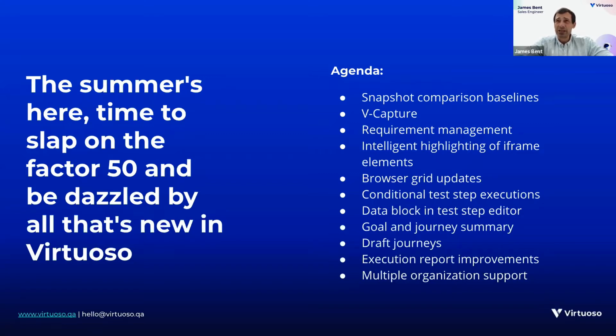As you can see in the agenda here, we're going to be looking at new snapshot comparisons, our updated VCapture recording authoring tool, how you can manage uploading your requirements to map against your journeys, intelligent highlighting of iframe elements and some new browser grid updates, conditional test step executions and data blocks in test step editors, new reports for goal and journey summaries, having draft journeys, execution report improvements, and multiple organization support.